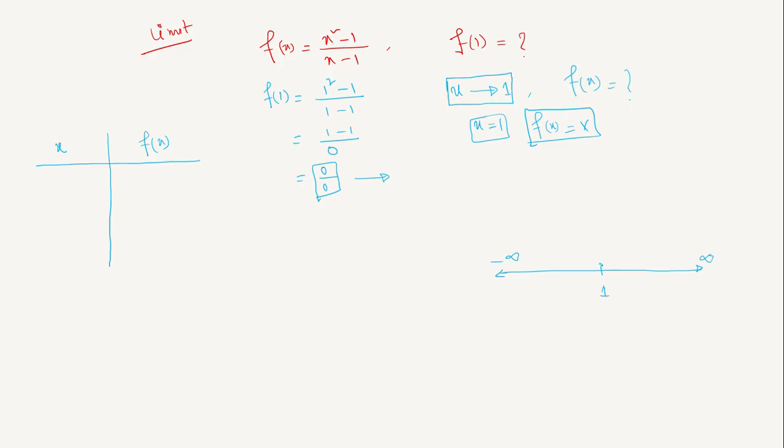Here the value of x can approach from two sides, right? First one is from the right side, and second one is from the left side. Now if we put here 10 or 100, and here negative 10, negative 100.